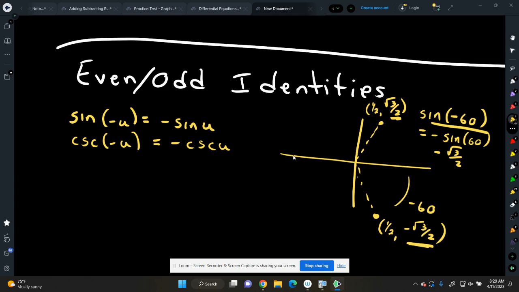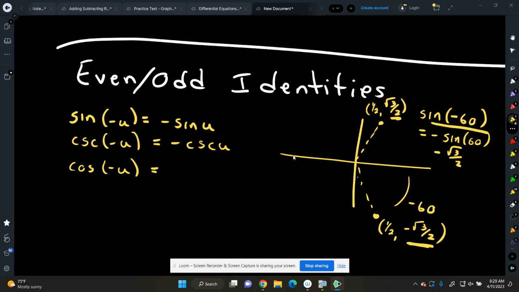Now let's look at cosine. If I take the cosine of negative 60, that equals 1/2. How does that relate to the cosine of positive 60? They're the same. Cosine of positive 60 is 1/2.